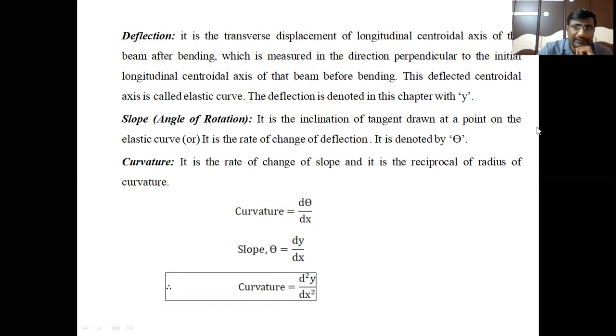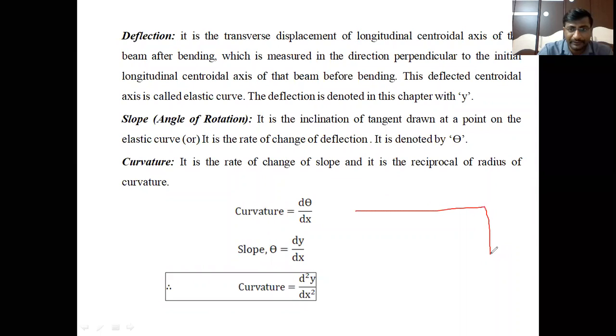Next, during deflection of a beam, at every point, the beam is rotated with respect to its initial position.